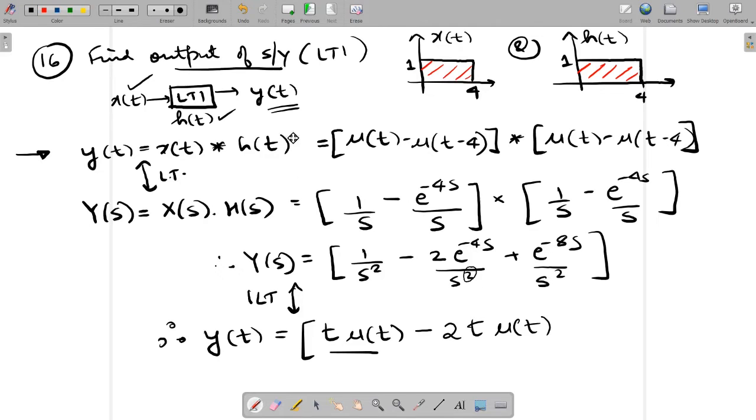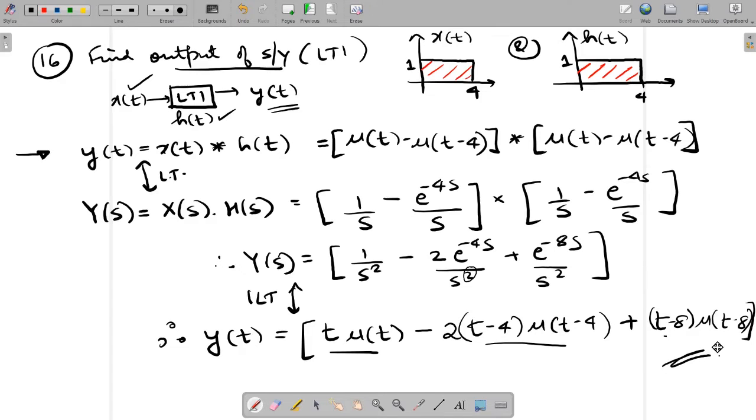So how will you negate the effect of this? You will say t minus 4 u of t minus 4. Yeah, you can check back the sums which we have done. This is shifting in time domain, plus same thing over here, t minus 8 u of t minus 8, and that is your final answer.